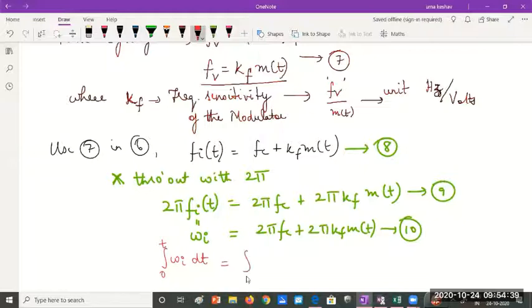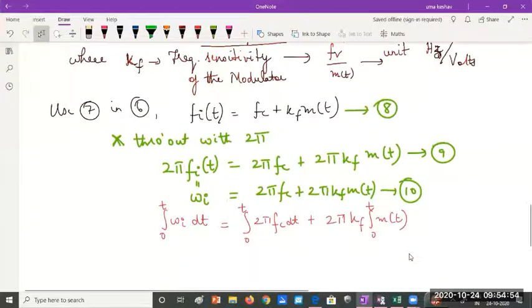Integrate both sides with respect to time. Integral of 2 pi fc dt plus 2 pi kf is a constant, integral 0 to t m of t. So can you simplify this? What is the simplification of this?